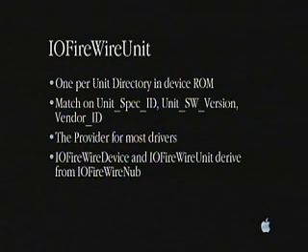An ordinary FireWire device driver in the kernel will have FireWire unit as its provider. FireWire device and FireWire unit derive from FireWire nub. If you want to find out how these work, you should definitely look in the nub, which is where a lot of the activity takes place.